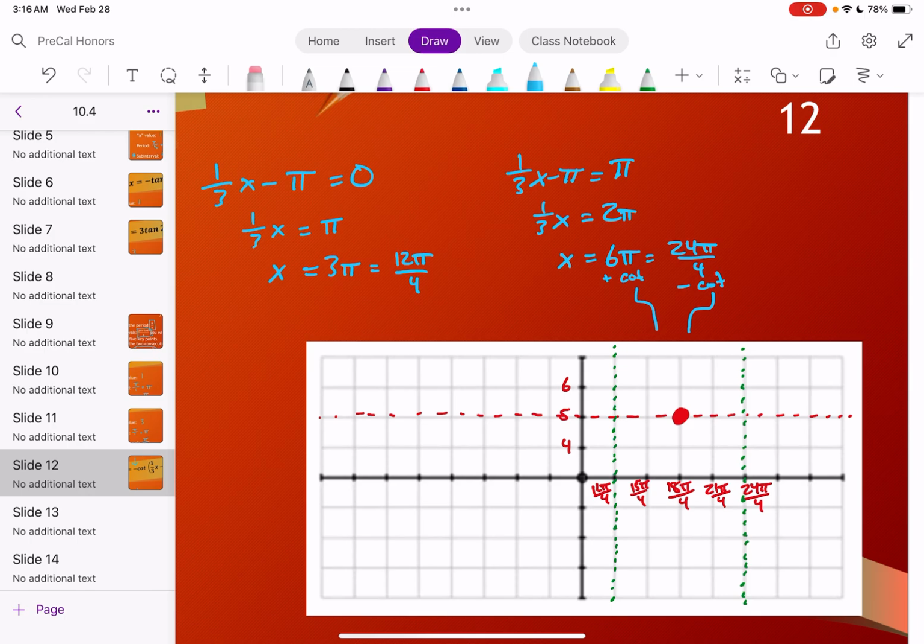Knowing that, we take a look at the a value. As we move to the right, we're going to go up 1. And as we move to the left, we're going to go down 1. We go ahead, draw our lines and go from there.